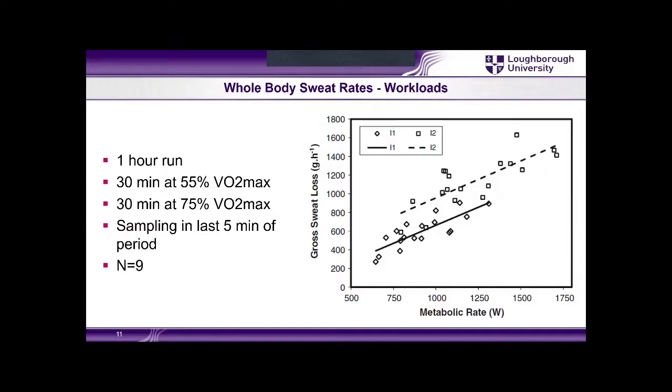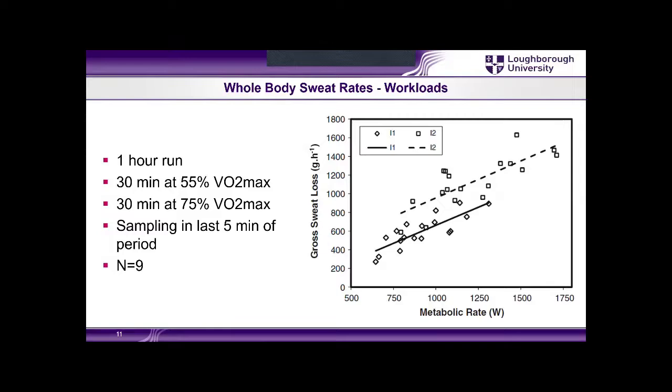So to show you the protocol, 1 hour run total, 30 minutes at 55% VO2 max, and then 30 minutes at 75% VO2 max. Sampling only took place in the last 5 minutes of each period. So most of the time they were just running in normal clothing. It was 9 fit males in this case. And on the right-hand side, just as an illustration, you see the gross sweat loss data for the experiment in relation to the metabolic rate.